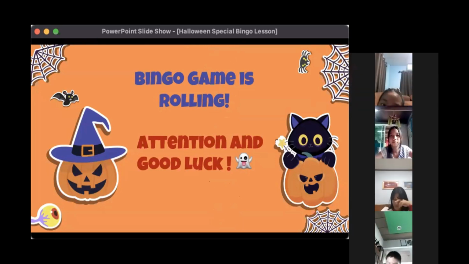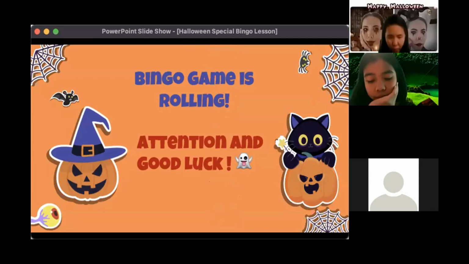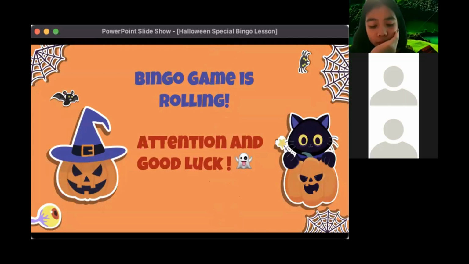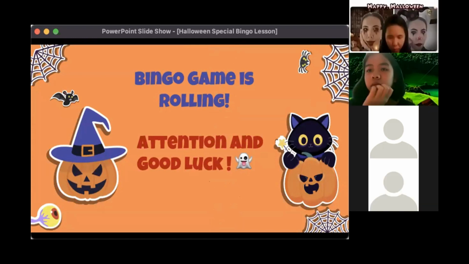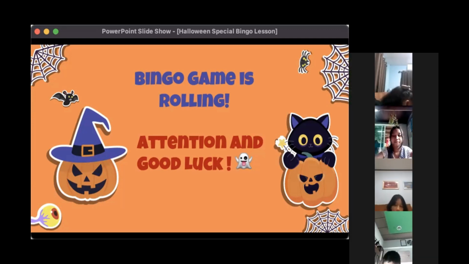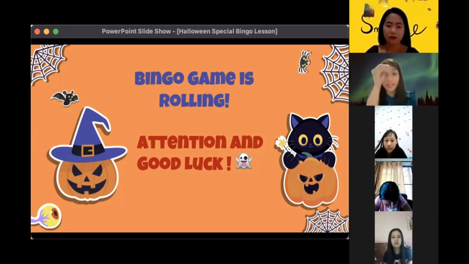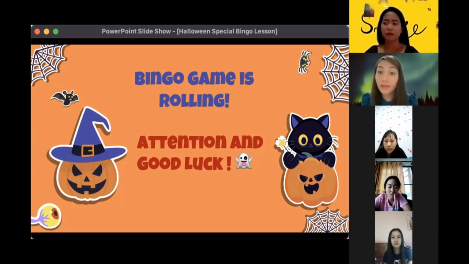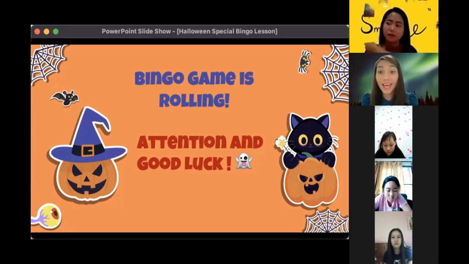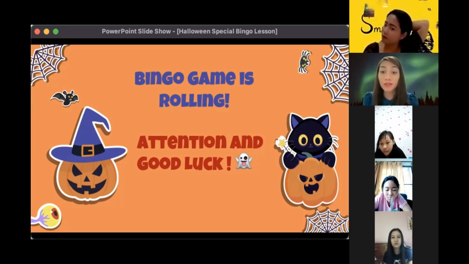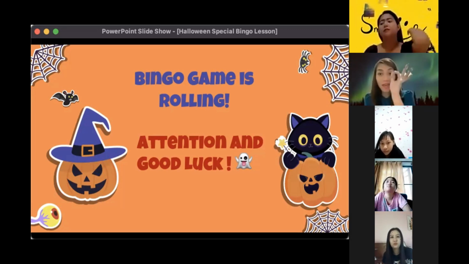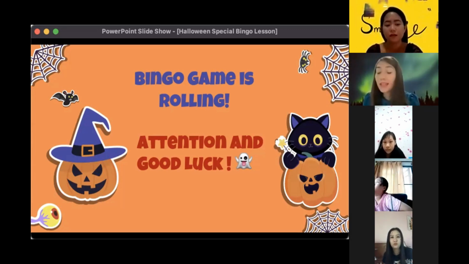I will just shake this and get random bingo vocabularies for Halloween. All you have to do is mark your bingo cards with a circle, so that you will be able to get the correct vocabularies and form the correct patterns.